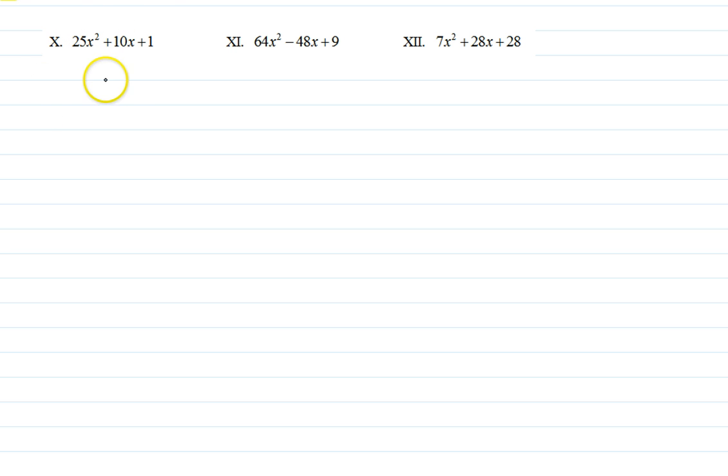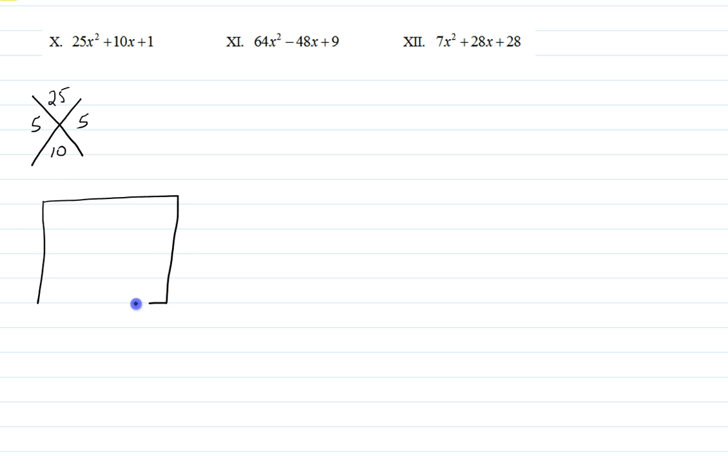So here, if you don't see the pattern, you can always go to the X box. When numbers multiply to 25 but add to 10, that would be 5 and 5. Draw your box.